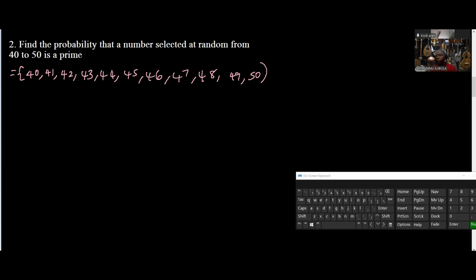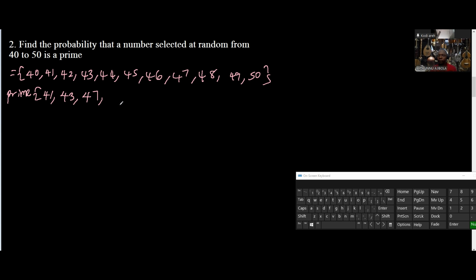So with this, if these are the elements, then how many of them are prime? Prime means a number that nothing can divide. So 41, only 1 and 41 can divide 41. Then 43. Which other prime number is there? I think 47.